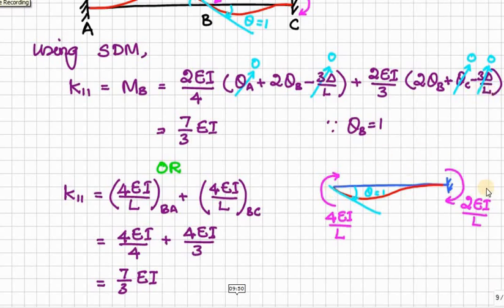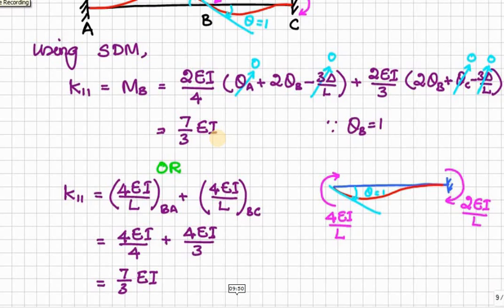So this is for the general case, and here we have BA and BC. For BA also we will have 4 EI by L, where L is the length of AB, and for BC also we have another 4 EI by L, both moments are acting in clockwise direction, therefore positive. That means 4 EI by L for the BA member, again 4 EI by L for the BC member. So it is equal to 7 by 3 EI, the same answer we already got.